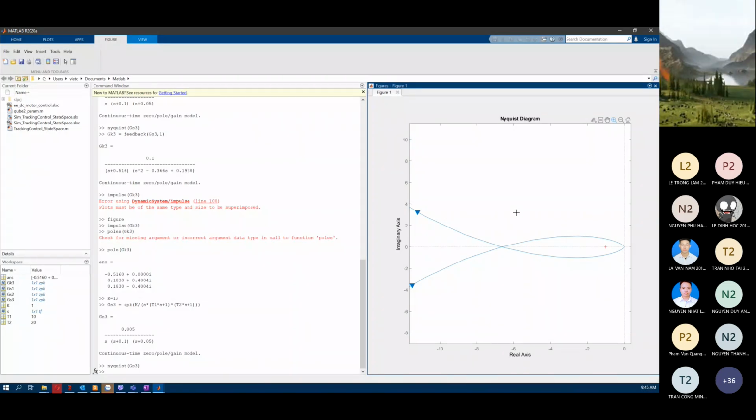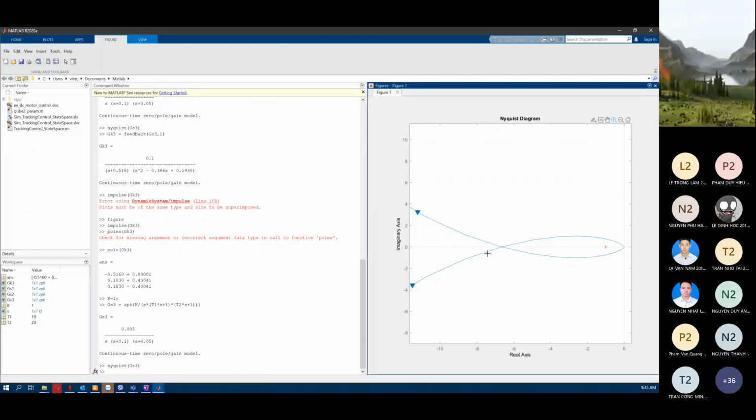Yeah, that's right. We see that when omega goes from minus infinity to infinity, the system goes along this contour, right? And clearly the Nyquist diagram will encircle the point -1 once, right?